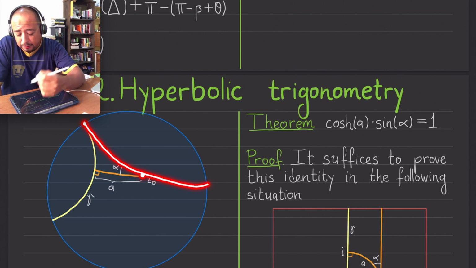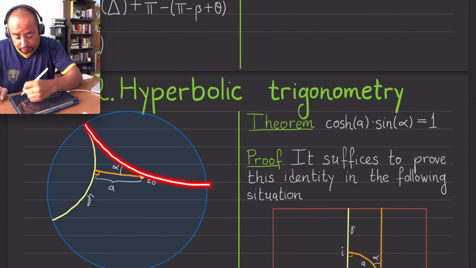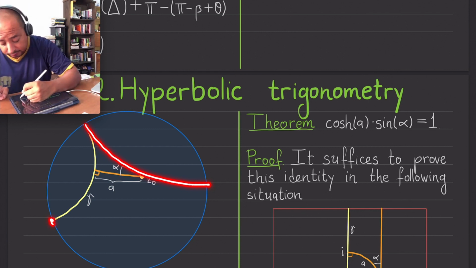How do they determine it? Well, there is a unique circle that passes through this point and is orthogonal to the unit disk and intersects the unit circle at this point at infinity, right? And also for the other end point of my shortest curve gamma.